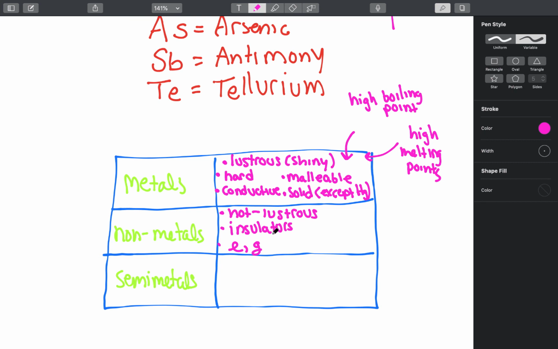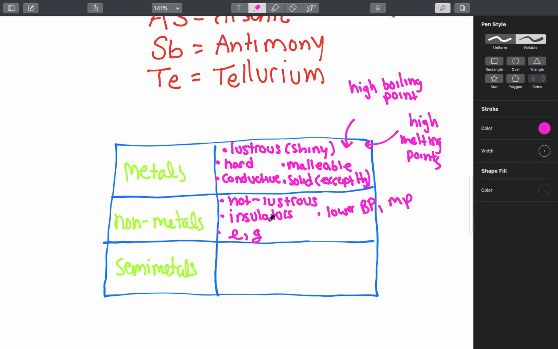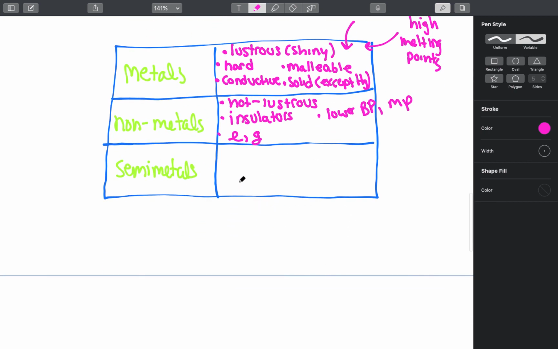And they also tend to have a lower boiling point and melting point. So nonmetals are basically the opposite of metals. So semimetals are the ones in between the metals and the nonmetals, and semimetals tend to have properties in between metals and nonmetals.